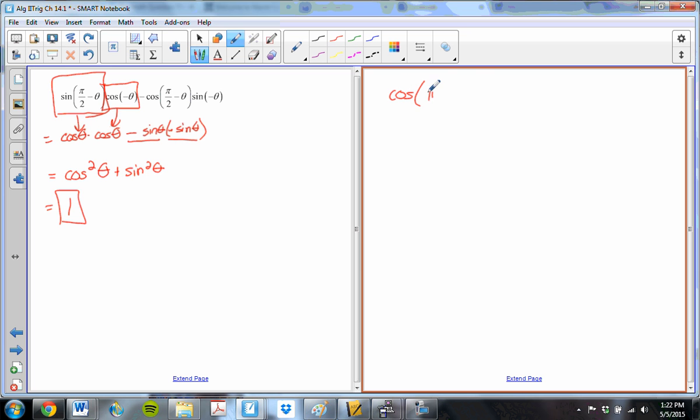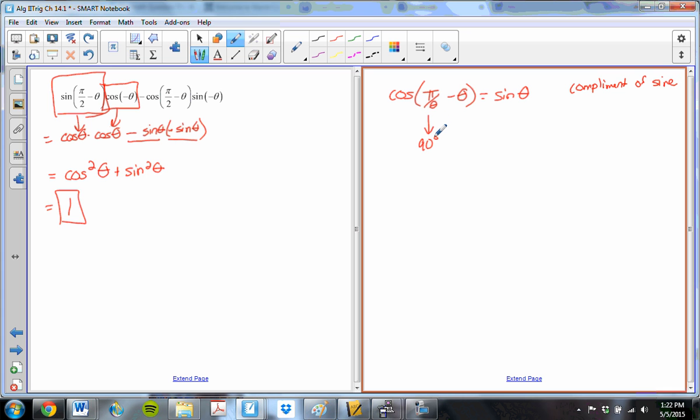One identity is the cosine of pi over 2 minus theta equals sine of theta. What we talked about in class, how cosine means literally the complement of sine. Complement meaning they add up to 90 degrees. Well, pi over 2 is the same as 90 degrees.